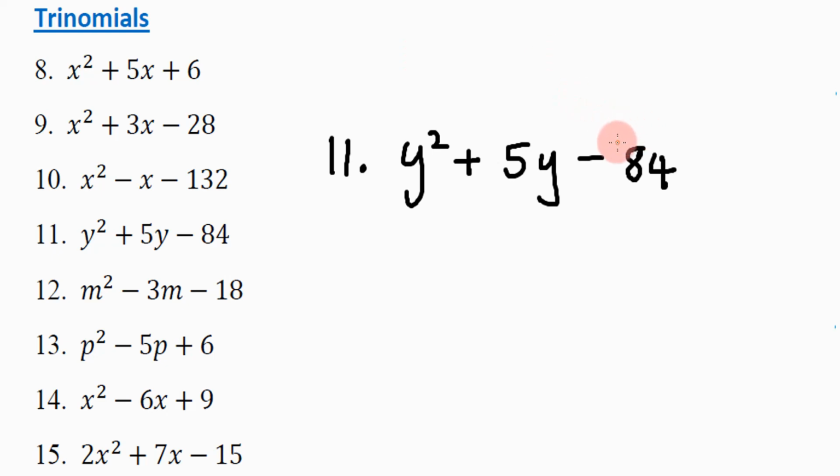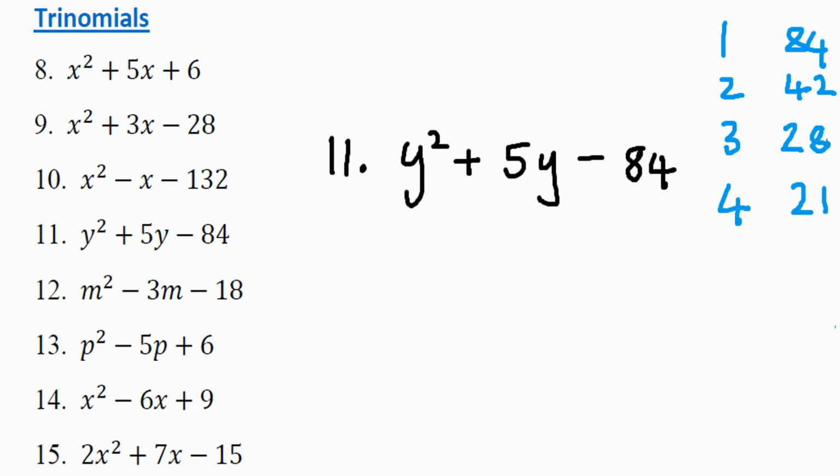We start by writing down all the factors of 84. And once again, you can use a calculator here. So the factors are 1 and 84, because 1 times 84 will give us 84. Then 2 and 42, 3 and 28, 4 and 21, 6 and 14, and 7 and 12.